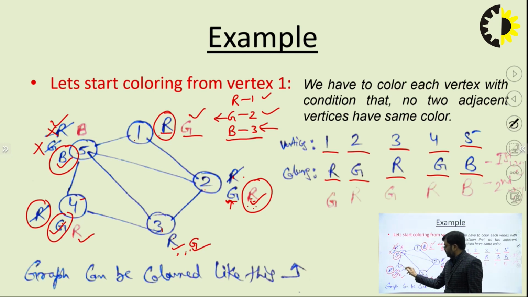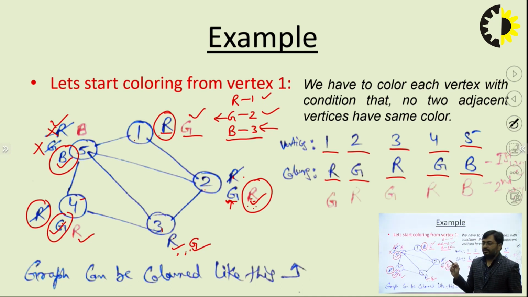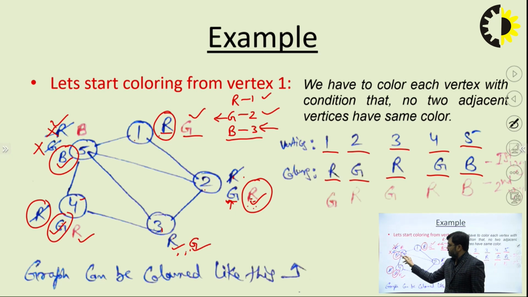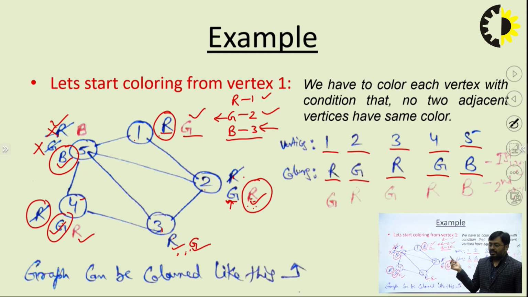Means vertex 4 has the color red and vertex 1 has the color green, and the adjacent vertex number 5, that is in between 1 and 4, can have the color number 3, that is blue.